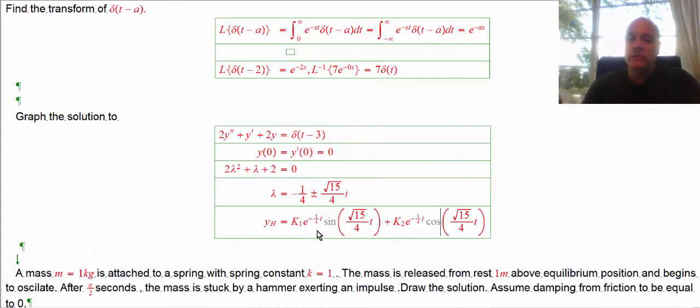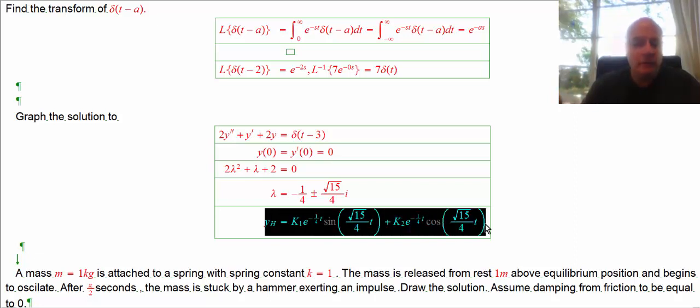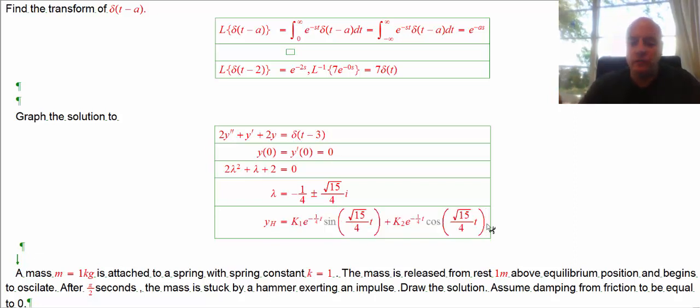So I knew my homogeneous solution was going to be some constant e to the -1/4 t sine root 15 over 4 t plus some constant e to the -1/4 t cos root 15 over 4 t. So I'm just thinking about this as going to be part of the solution.